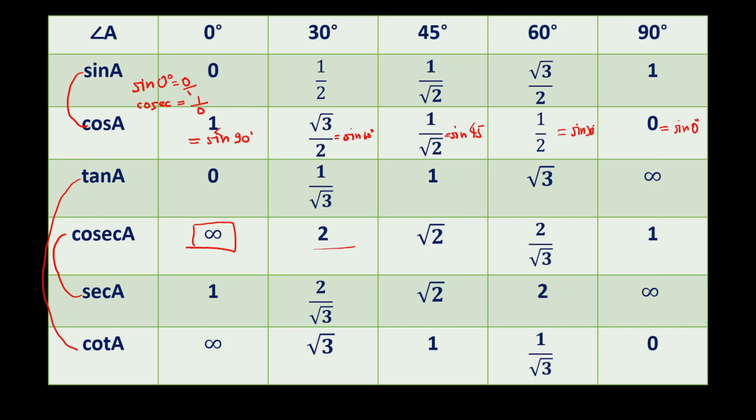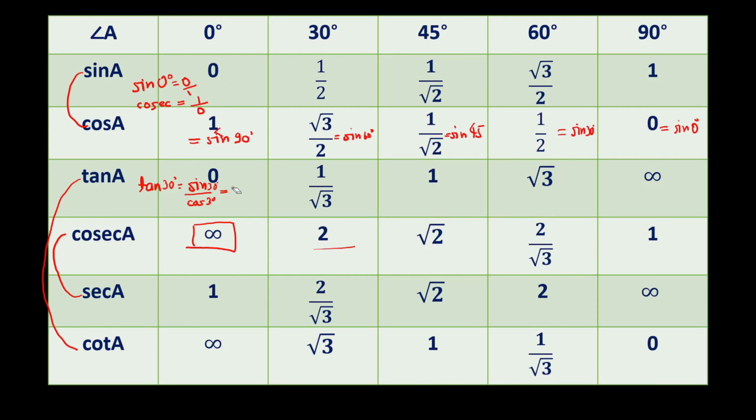Now how can you find tan? So as I told you, tan A equal to sin A upon cos A. So if you take tan 30 degree, then sine 30 and cos 30.